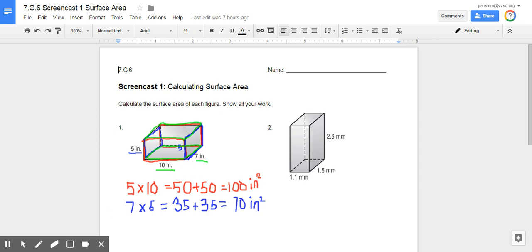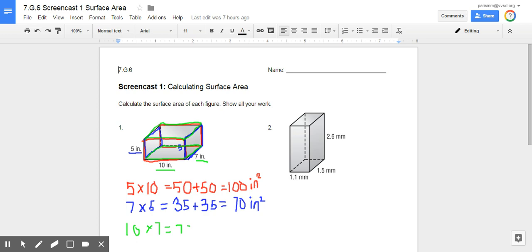So if we want to find that bottom area, we are going to do 10 inches times our 7 inches, and that's going to give us 70.